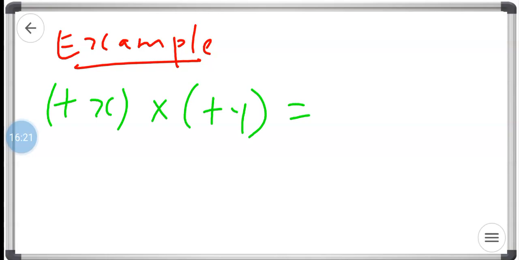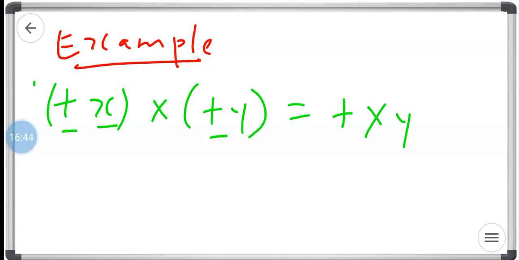We have here plus, and here plus. So plus x multiplied by y, that's xy. So using the rule, the product of two terms with like sign is positive. So that's the first example.